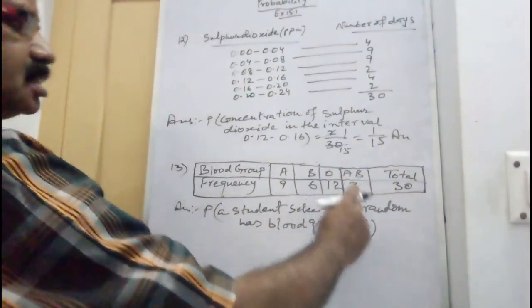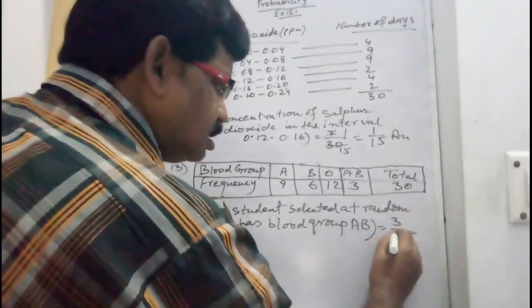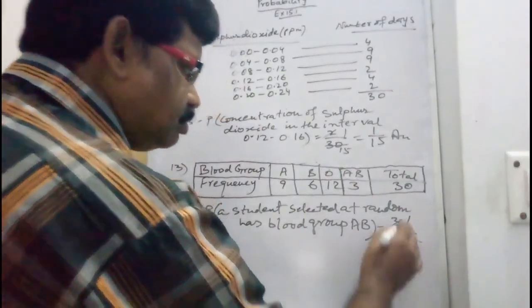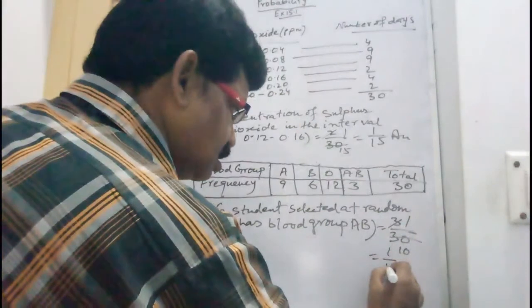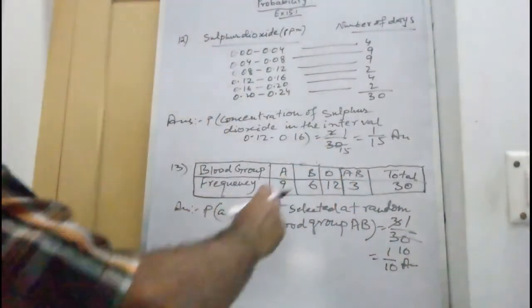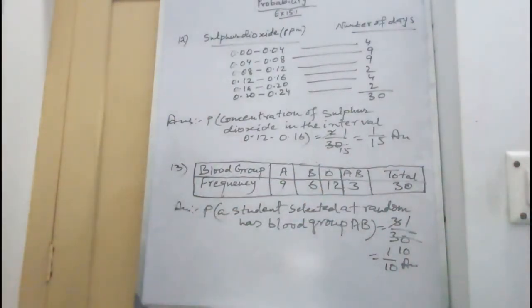So frequency that is 3 and total 30. Divide both by 3, so 1 by 10. So probability of student of blood group AB is 1 by 10.